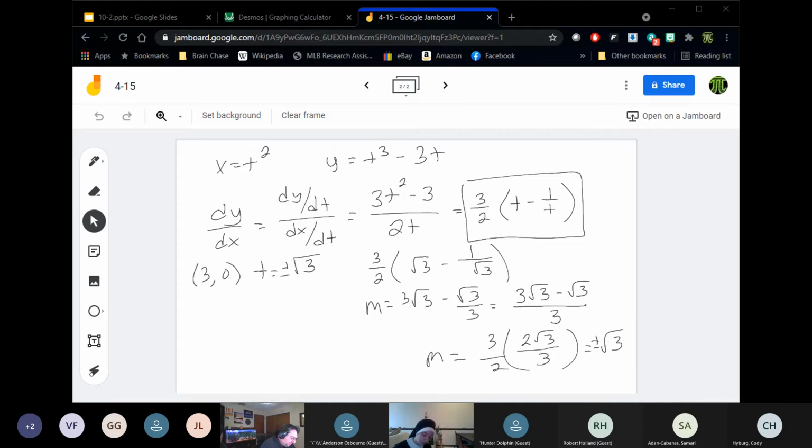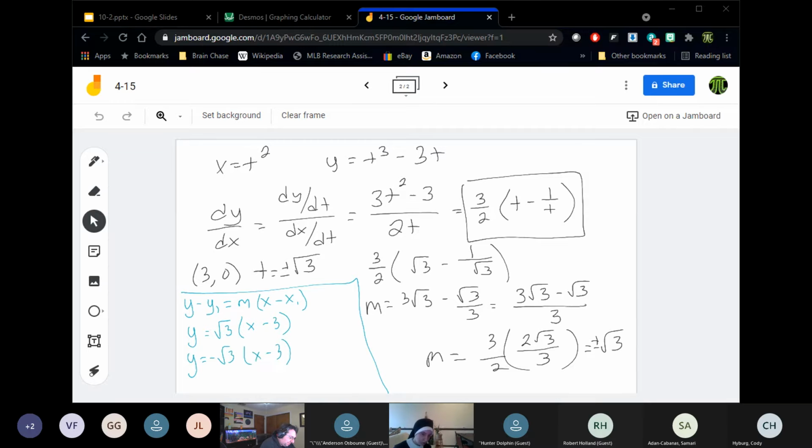So now my two equations, when I write my equations out, we're going to use the point slope form. So we're going to use y minus y1 equals m times x minus x1. So my equations for my slope is y minus y1, which will be 0, equals square root of 3 times x minus 3, and y equals negative square root of 3 times x minus 3.